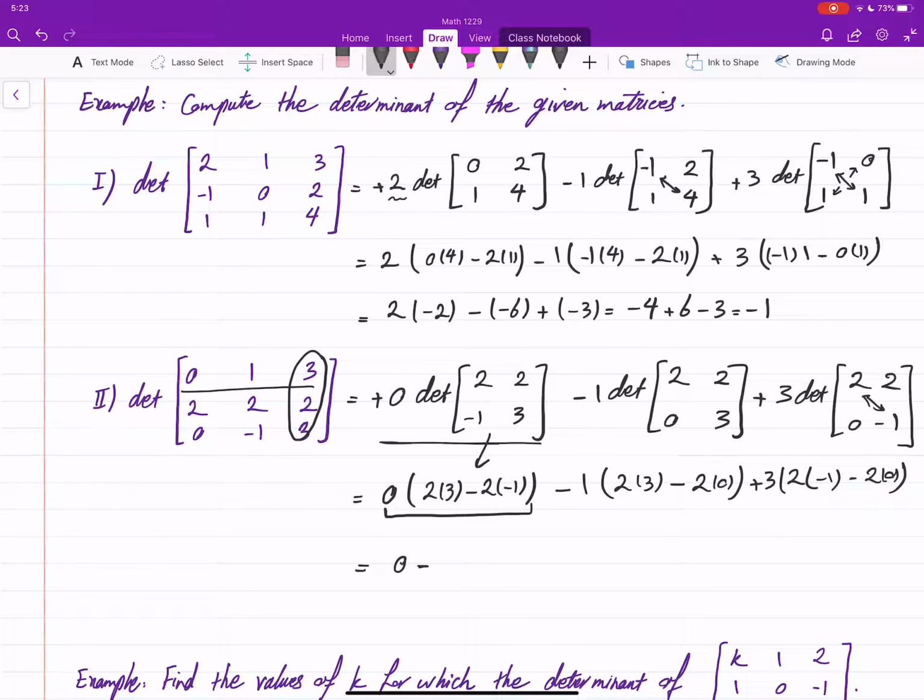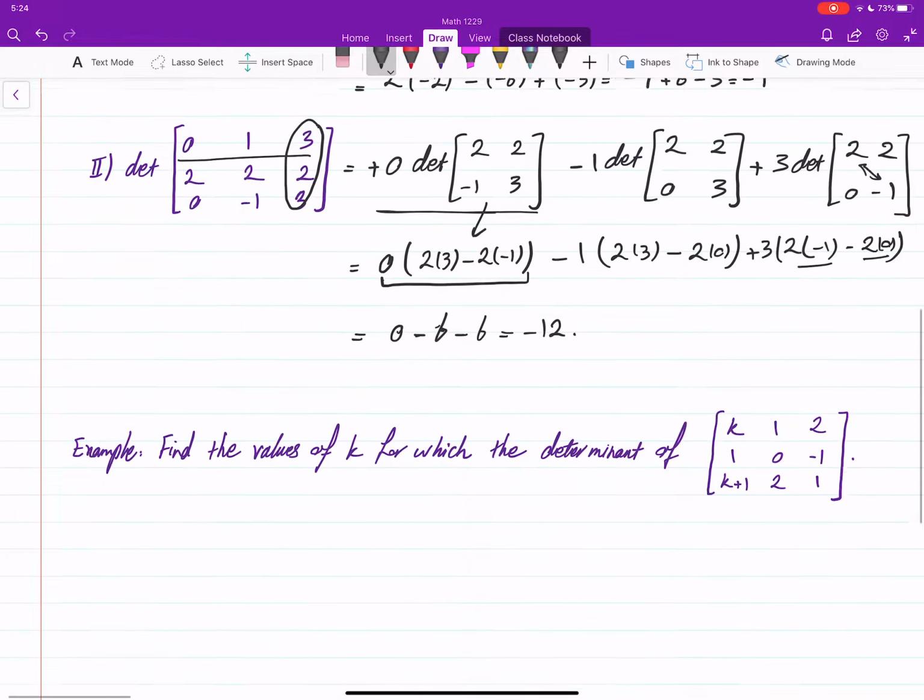Minus, this is 6 minus 0, so minus 6, plus 3 times, what is this? Here it is -2, so that is minus 6, another one. So the total will be -12.